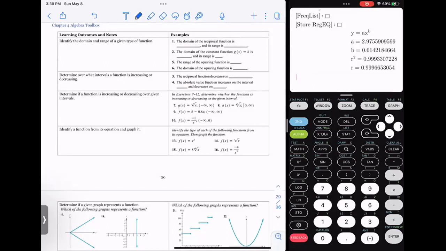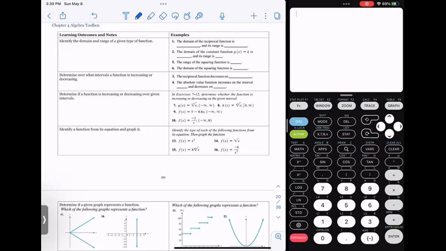Identify the domain and range of a different type of function. The domain of the reciprocal function is... I know what the reciprocal function is like.